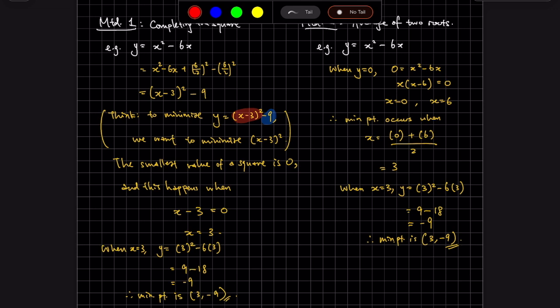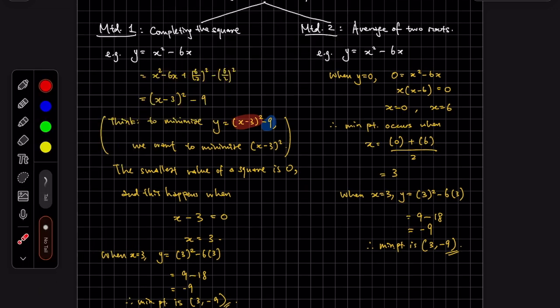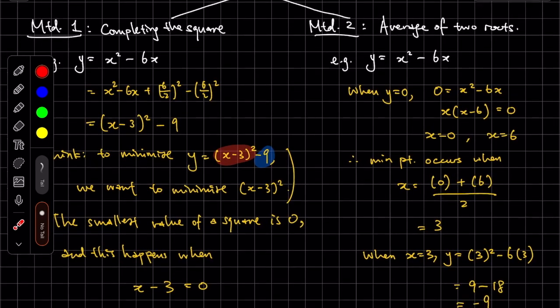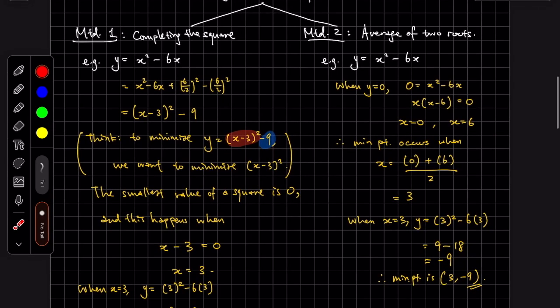The other method is you can find the average of the two. I can't really zoom and scroll to that side, but you can just focus on this side. The second method is the average of two roots. So what are roots? Roots are basically where the curve intersects the x-axis.